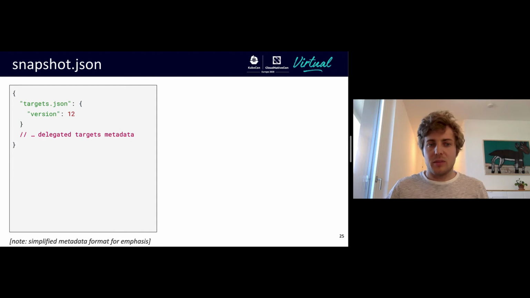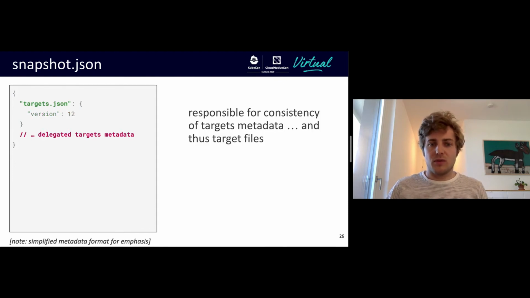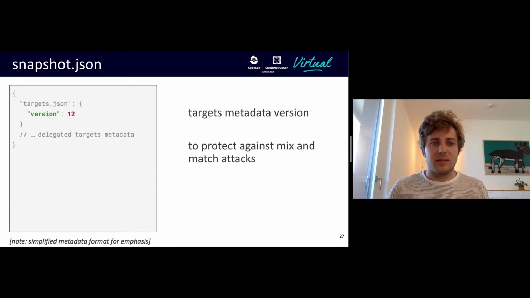Next, we have the snapshot metadata. Snapshot is responsible for consistency of targets metadata and thus for target files. It does so by listing the latest version of the targets metadata in the repository.